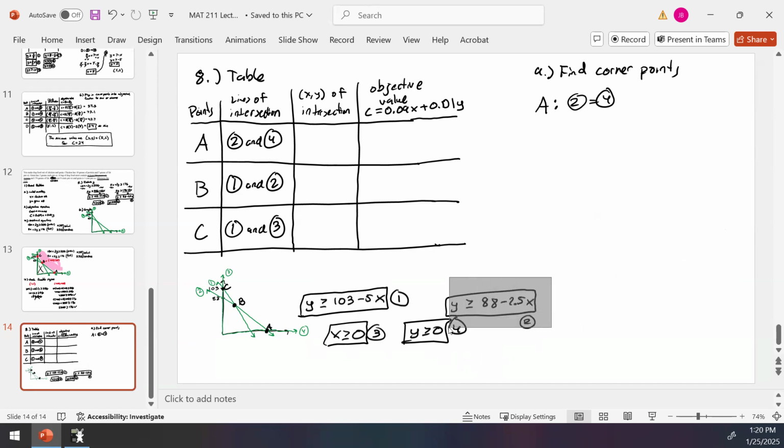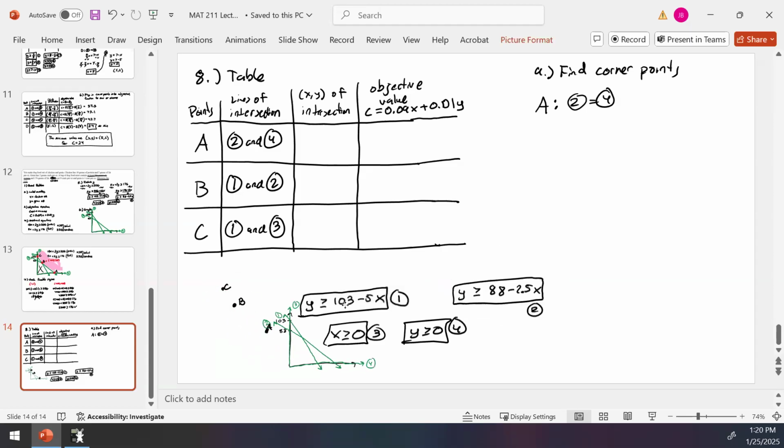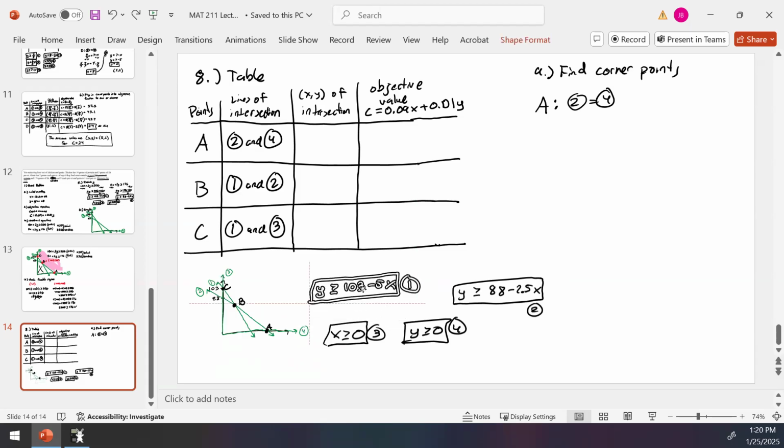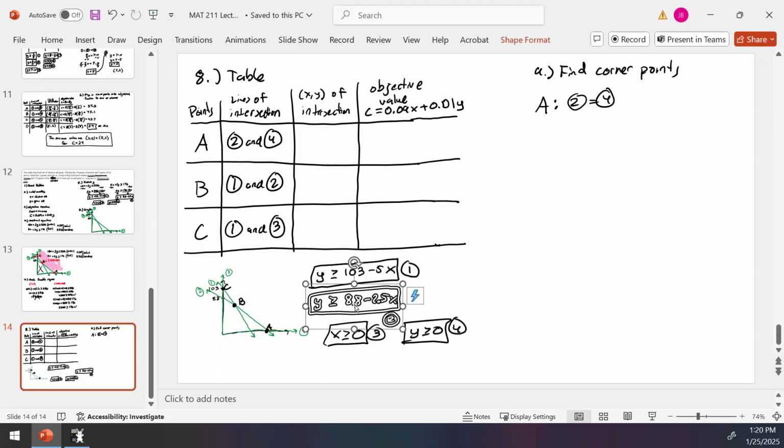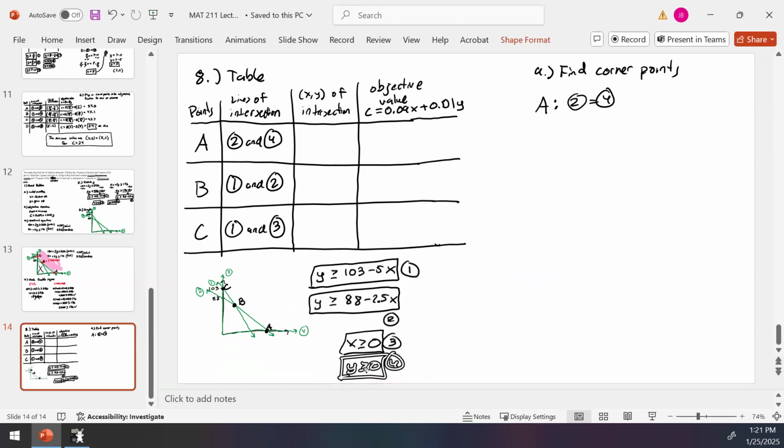So let's just organize these a little bit better. That should work.